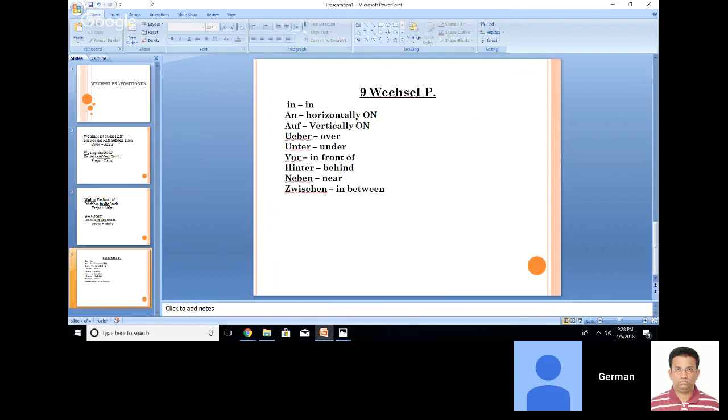And when the object is at rest, there is no action involved, and the work has already been done, then it is the dative case. Dative case is usually used to denote the position. Okay, these are the 9 Wechsel prepositions.